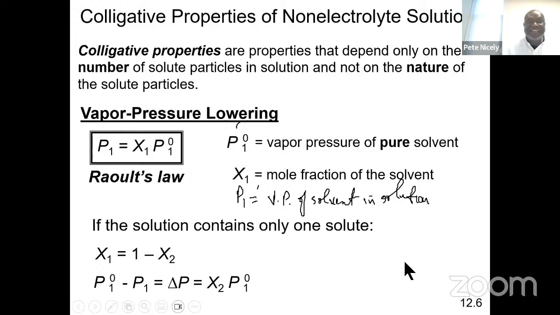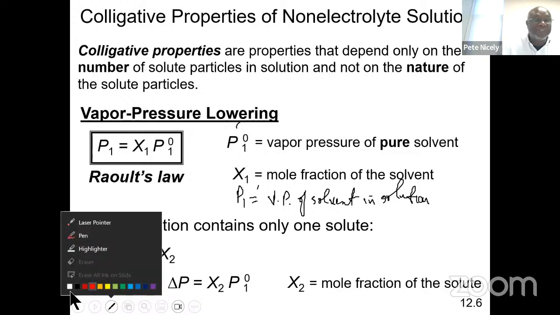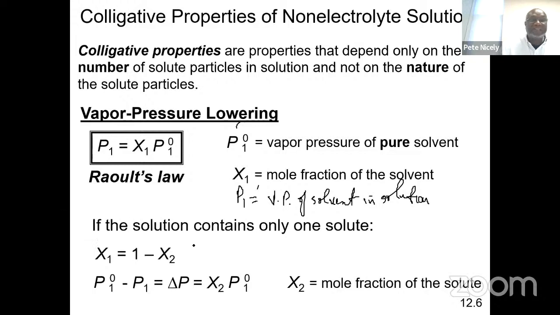Now, let me just see if I can show you how we derive this equation. Let me go to my writing function here again. Basically, this here, which is equal to the mole fraction of the solvent, will go here in this equation. So therefore, X1 will be equal to, no, I'm sorry.